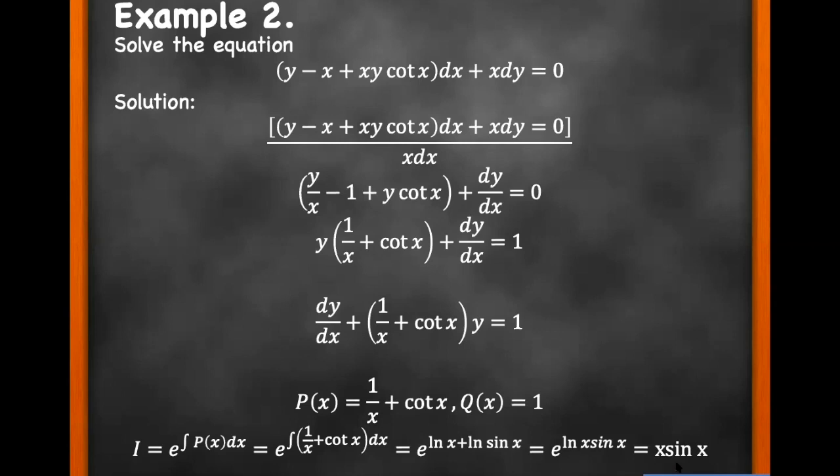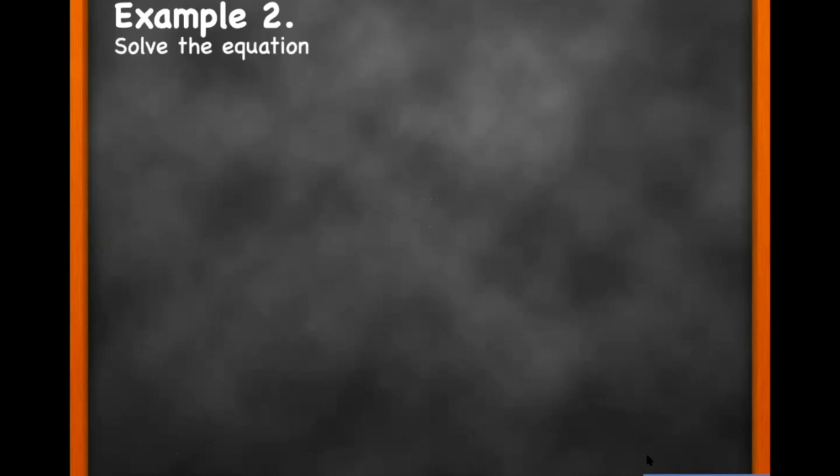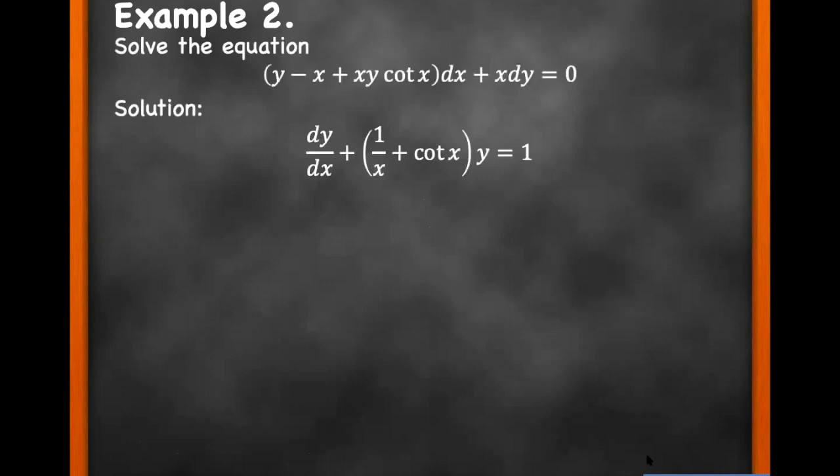The next step will be to multiply the standard form of the equation by this integrating factor, x sine of x. So this is the standard form of the given equation, the linear in y, and our integrating factor is x times sine of x.